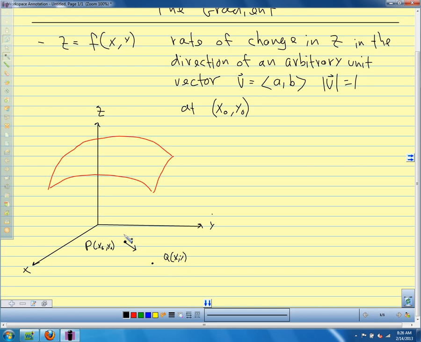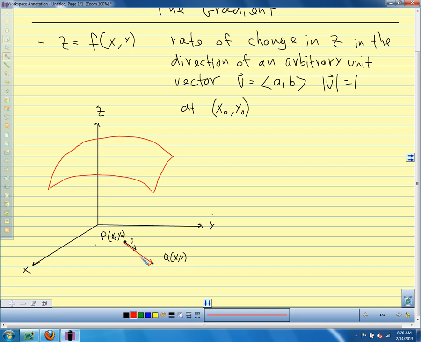So we're moving from P to Q. I'm going to move this over so it's a little closer to the point. I'm going to draw a vector, in red, from P to Q. And the unit vector u is pointing in the direction from P to Q.